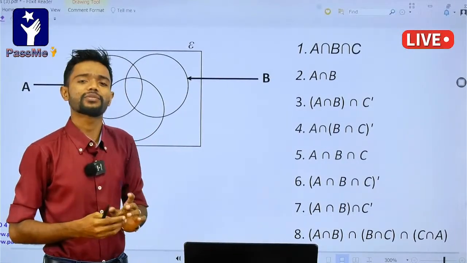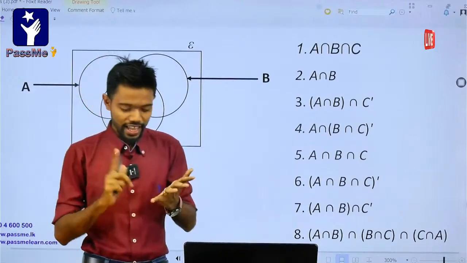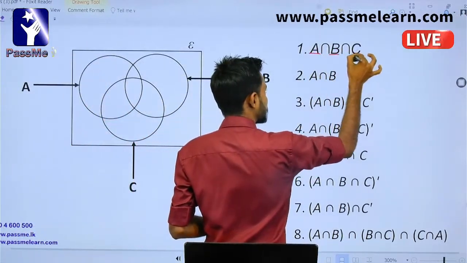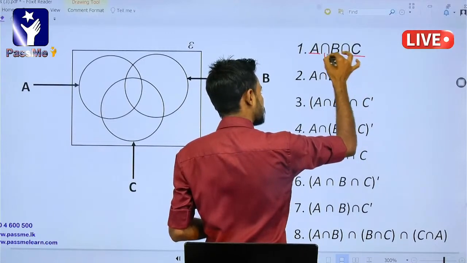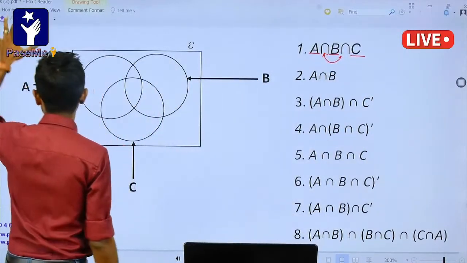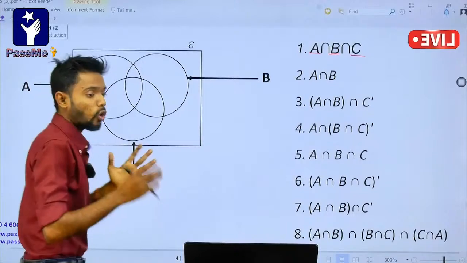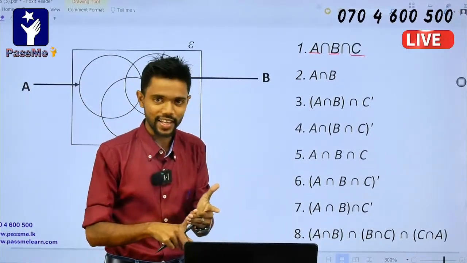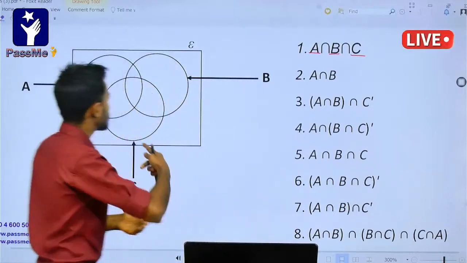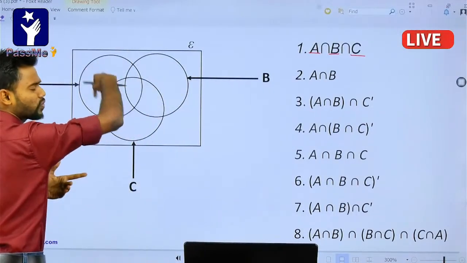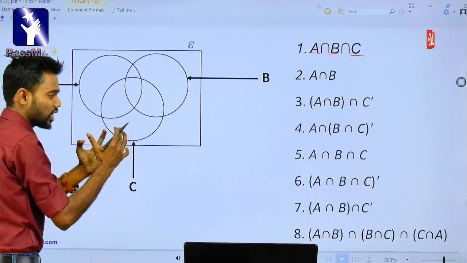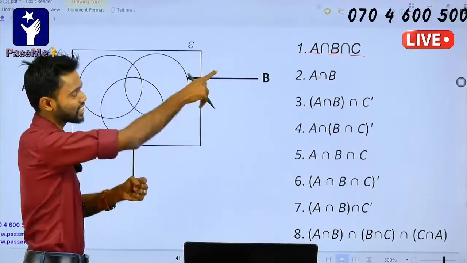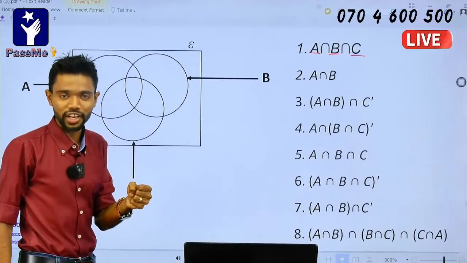A intersect B intersect C means common for A, common for B, common for C as well. If you can see the region that is common to the A circle, B circle and C circle, that is the region to shade under question number 1.